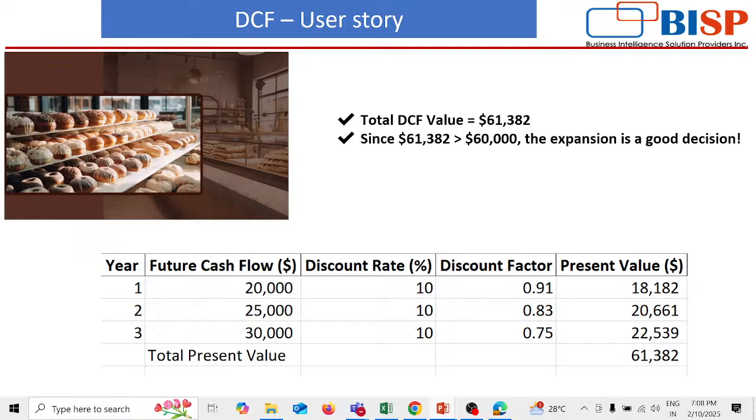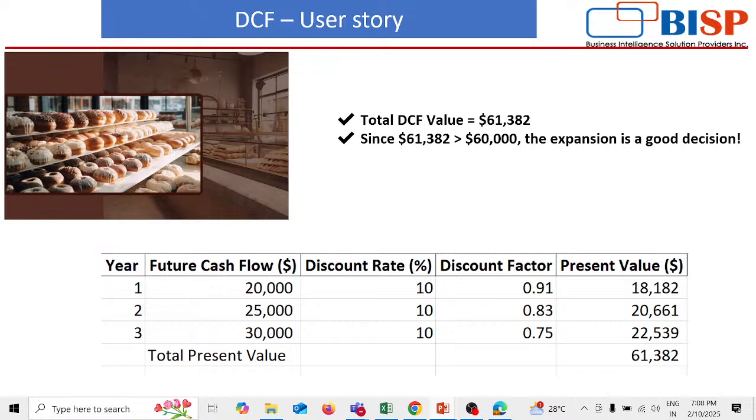Jack owns a small bakery, and he is thinking about opening a second shop whose setup cost, you can see, is $60,000 today. Here in the table below you will find he has already estimated the future profits.